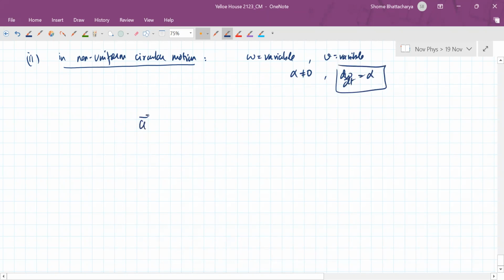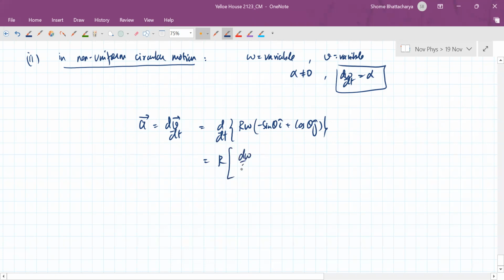So when we come to acceleration, which is rate of change of velocity, that becomes rate of change of r omega into minus sine theta i cap plus cos theta j cap. So we have to use the product rule here. This will become capital R into rate of change of this whole thing. So that we will write as differentiation of first term multiplied by second term plus first term multiplied by differentiation of second term.